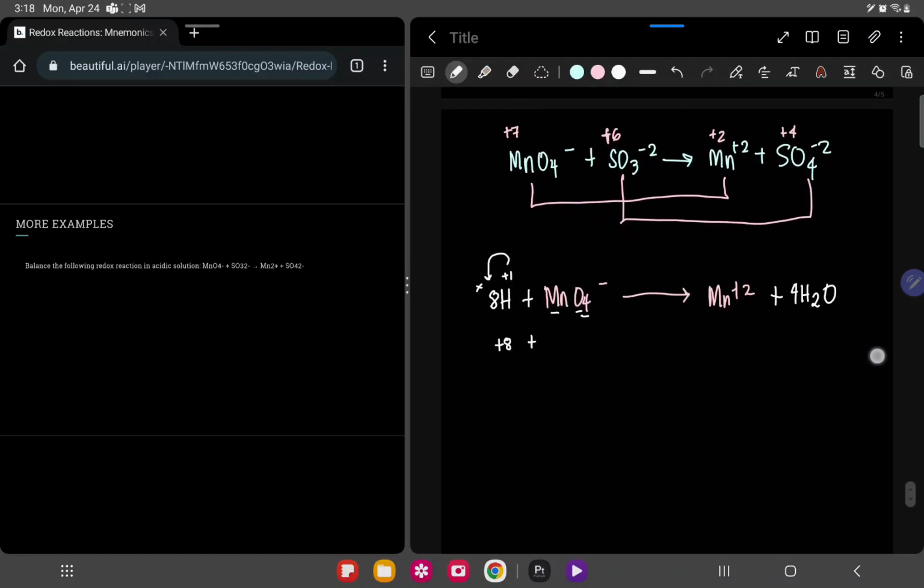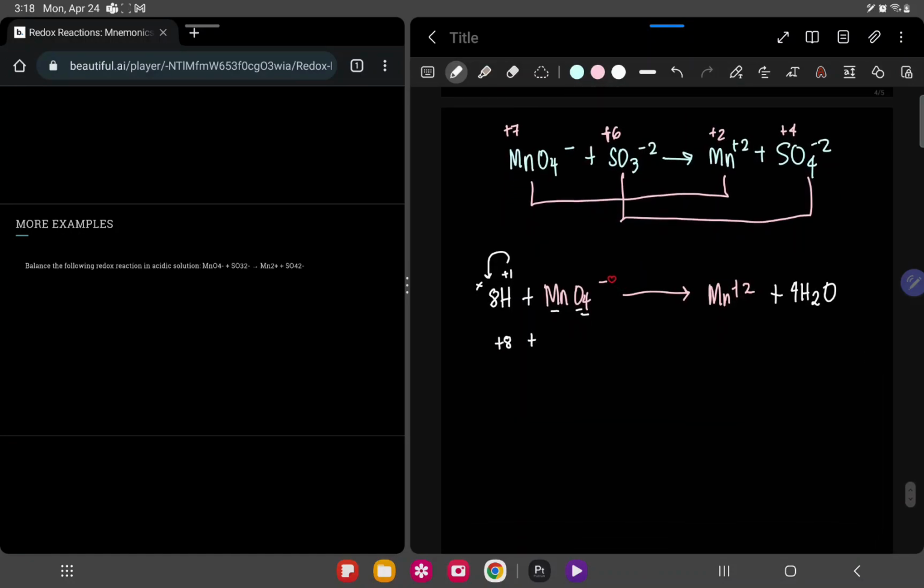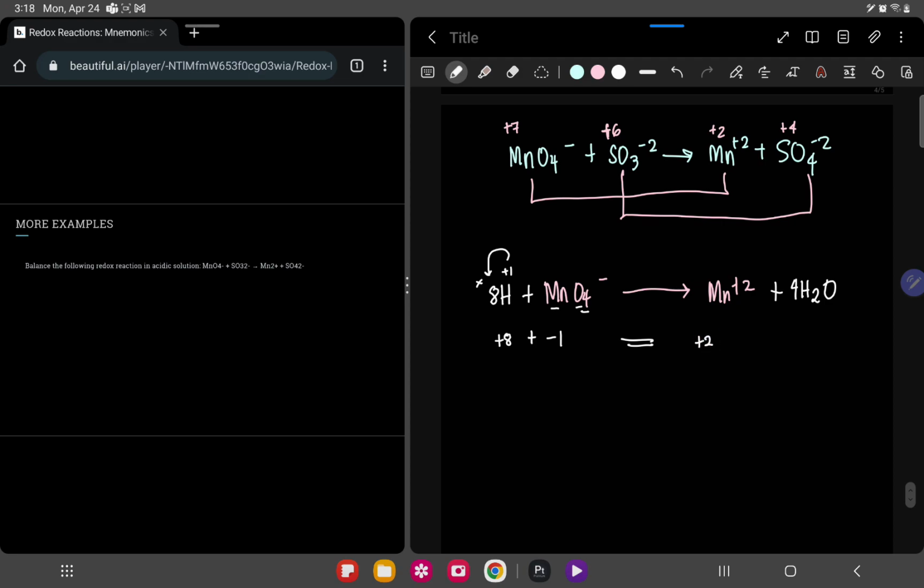For balancing your electrons, we just have to look for the overall oxidation state. Our permanganate has negative 1 overall oxidation state. On the other side of the equation, we have positive 2 plus, since this is a polyatomic compound with no charges, this means water is stable and therefore its charge is 0.